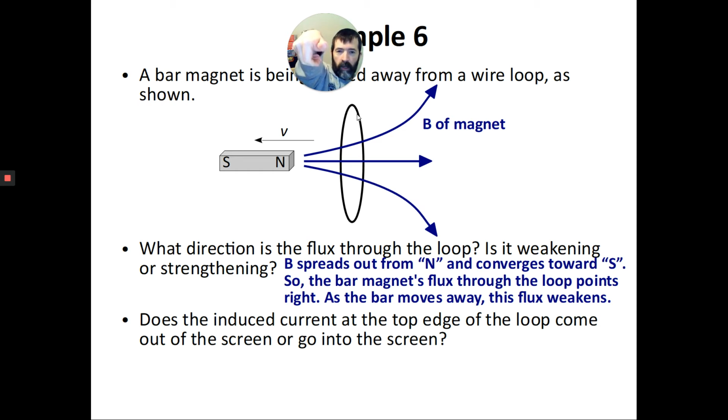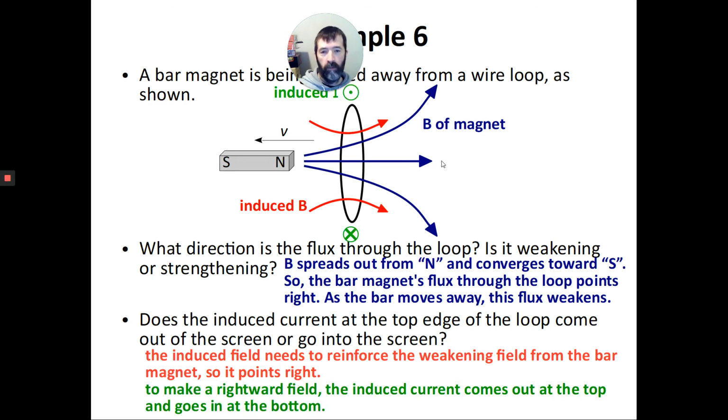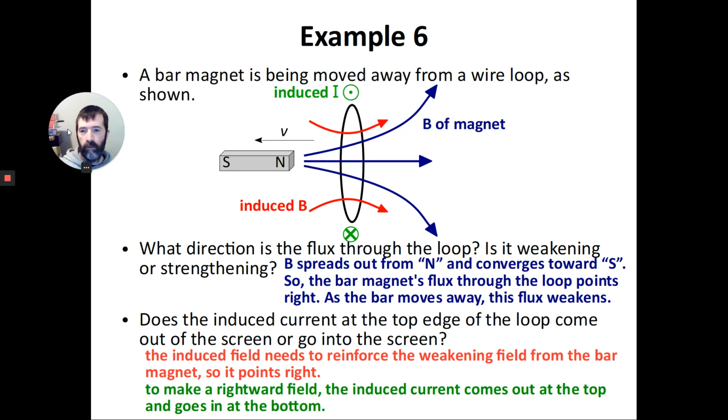So I want to put a dot for the current up here so that it's coming out. And then the current at the bottom has to be going in. Oh, I skipped a step. I said this with my mouth, but I didn't click it up. I need the induced magnetic field to go right to reinforce the weakening field. And that means that the current needs to be like this.